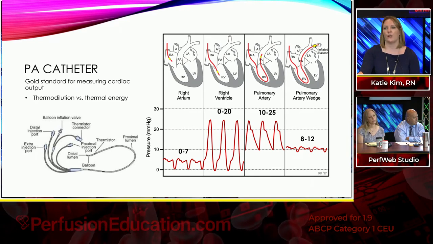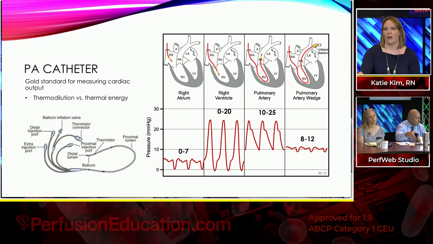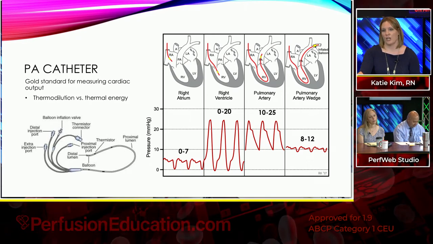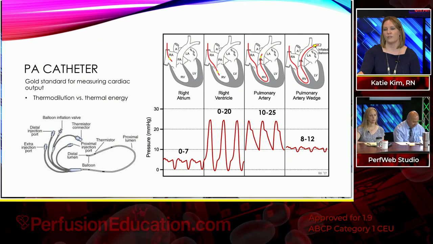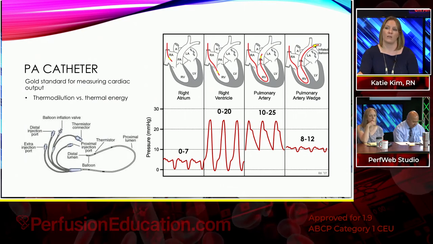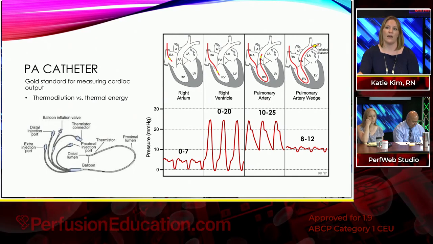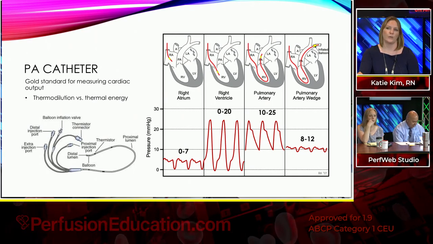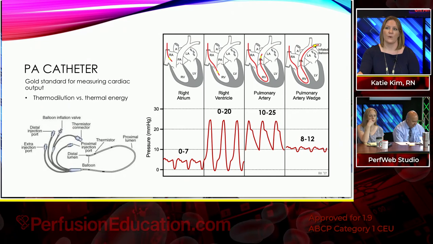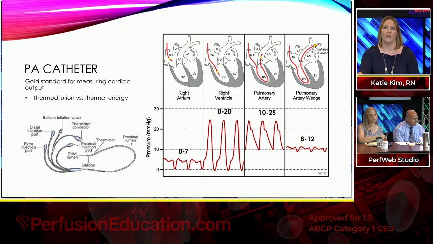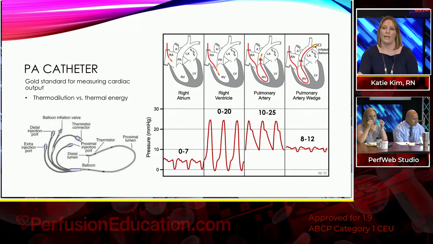As you go through the right atrium, right ventricle, and pulmonary artery, you'll notice pressure changes and differences in waveforms along the way. And then finally, because there's a balloon on the end of this catheter, it floats through so that it'll eventually occlude the pulmonary artery all the way, and then you'll get your pulmonary artery wedge pressure.